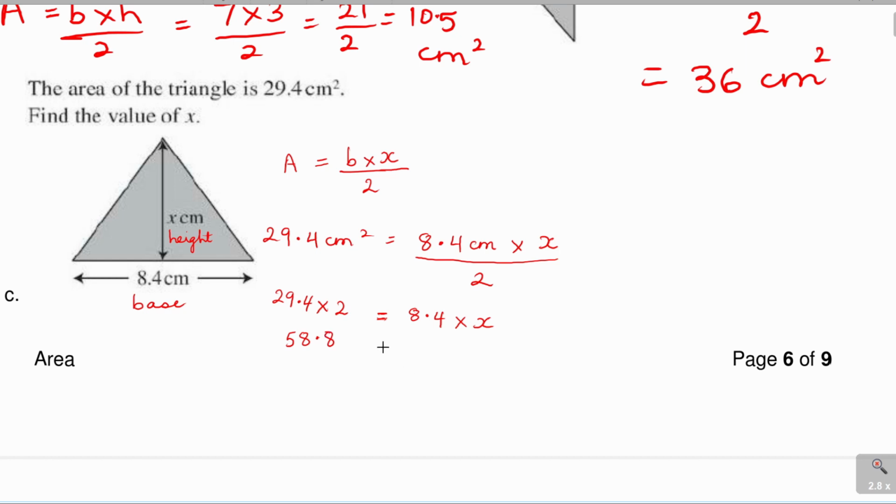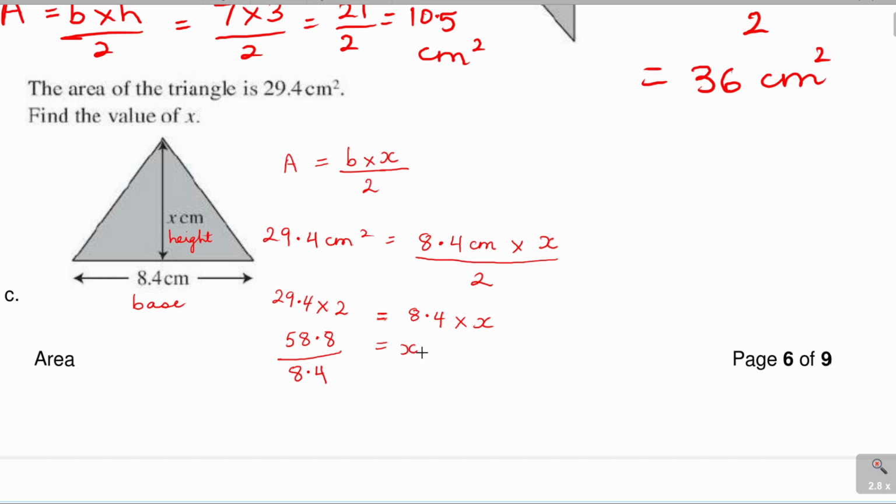Now I need to move this 8.4 across to the other side so that I'm just left with x on this side. Now if I'm multiplying by 8.4 on the right hand side here, when I bring it across to the left hand side, I will do the opposite, which is, the opposite of multiply is to divide.